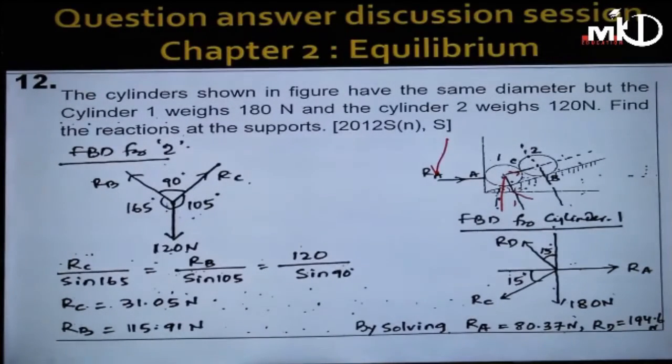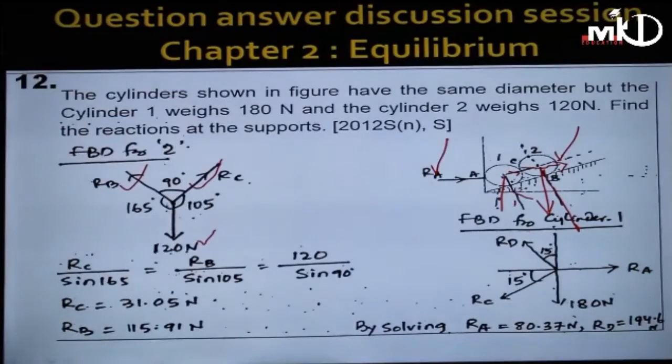So definitely we can't use Lami's theorem also. So we will start from body 2 where 3 forces are there. One is the weight, and reaction RB and reaction RC, which is provided by body 1 over 2. So this is RC, RB and the weight 120 Newton.